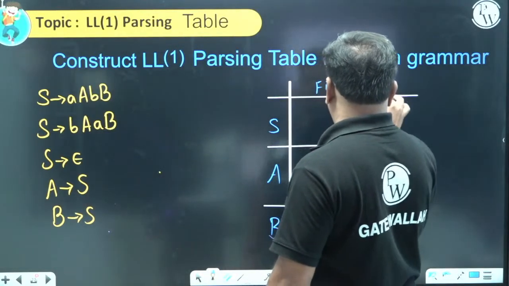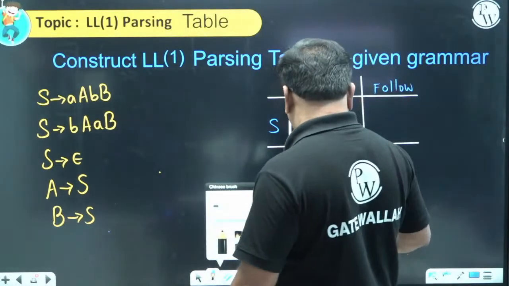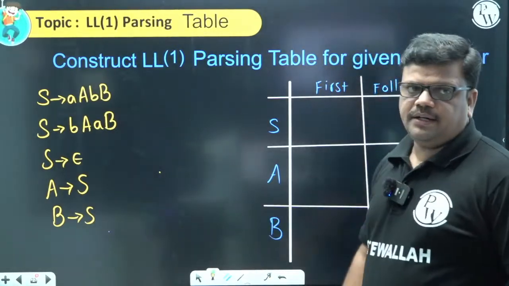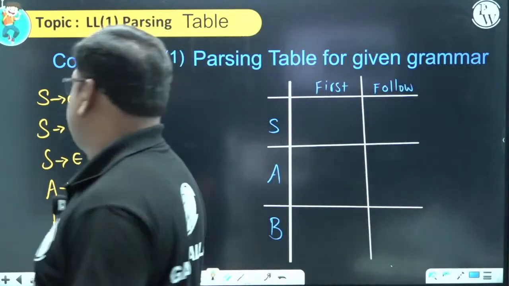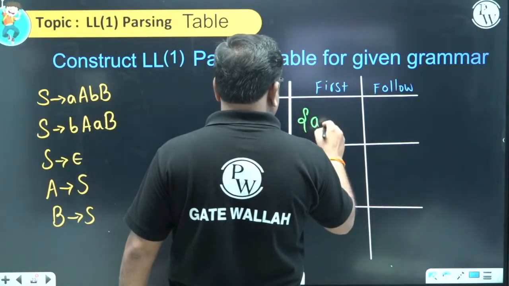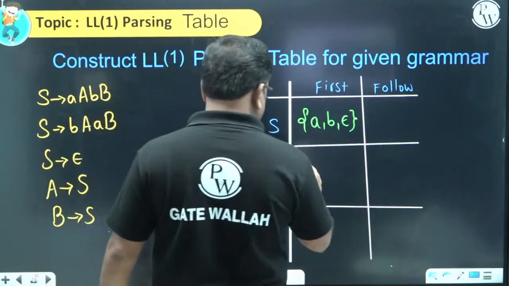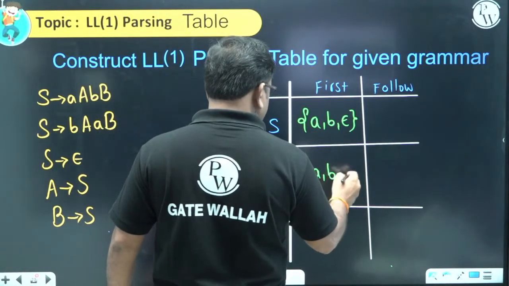First set information, follow set information. If you compute initially, it would be better. Otherwise, whenever it is required, you compute that non-terminal's information. So first of S is A, B, epsilon. First of capital A, A, B, epsilon.